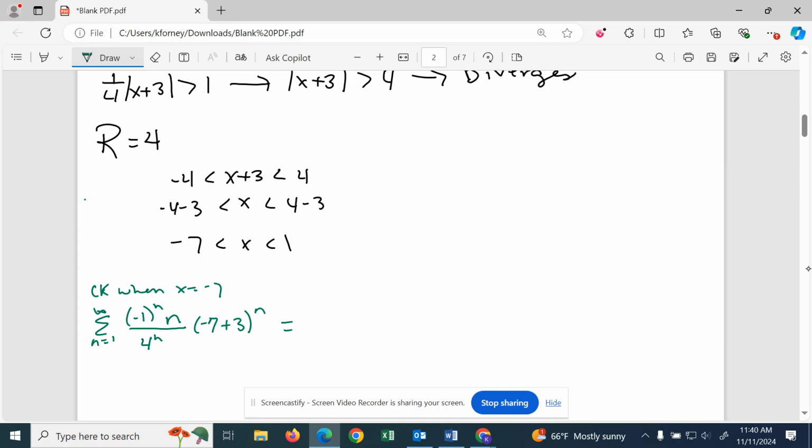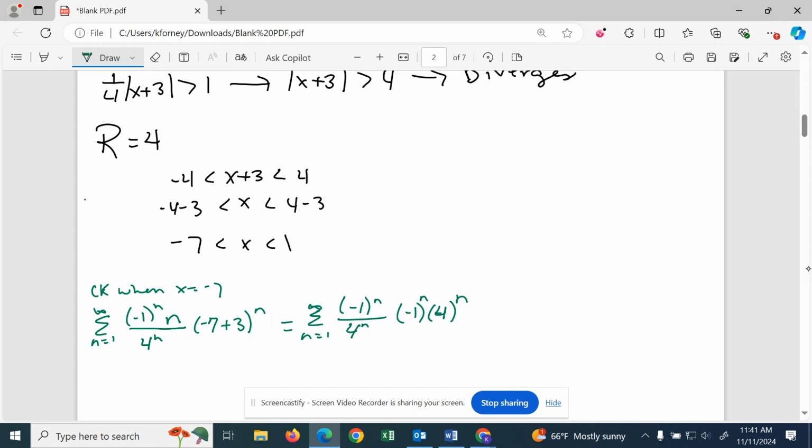Simplifying this, -7 plus 3 is -4, so (-4) to the n is -1 to the n times 4 to the n.